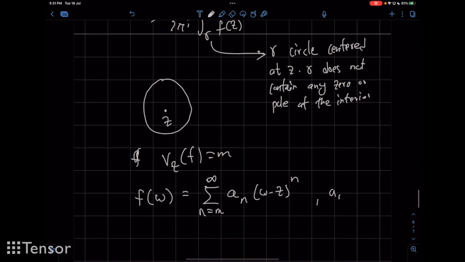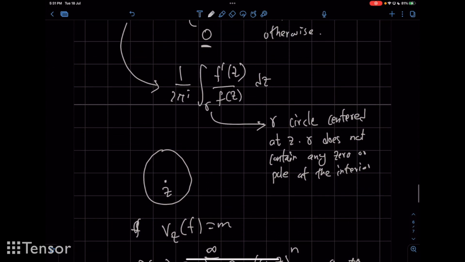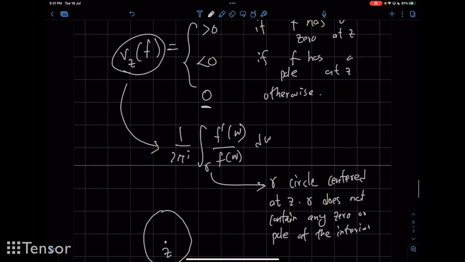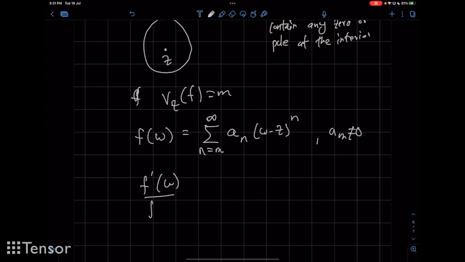And of course, a_m is non-zero. Then f prime of w over f of w can be written like this.